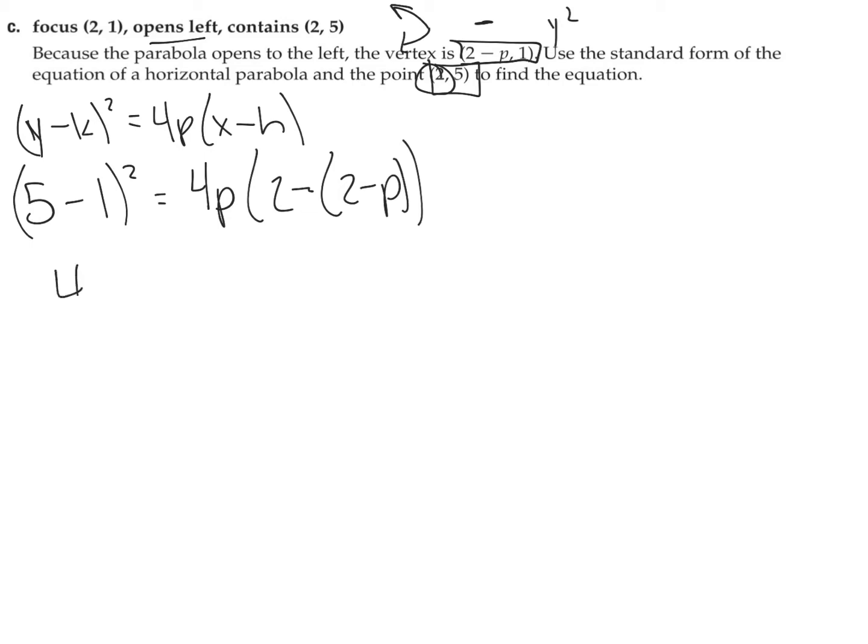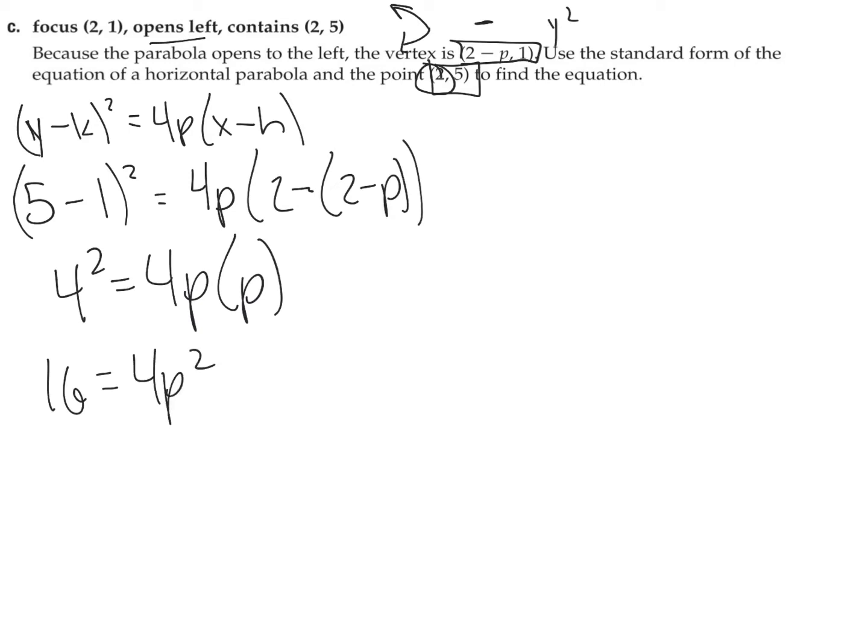So that's 4 squared equals 4p. 2 minus 2 goes away, and then minus a negative, that turns positive. So we actually have 4 squared equals 4p times p, which is p squared. So 16 equals 4p squared. Divided by 4. 4 equals p squared, and that means p equals plus or minus 2.